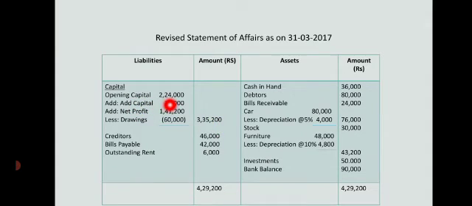So opening capital 2,24,000, add additional capital 30,000, add net profit 1,41,200, less drawings 60,000, outer column 3,35,200. And then there are two liabilities: creditors 46,000, bills payable 42,000.